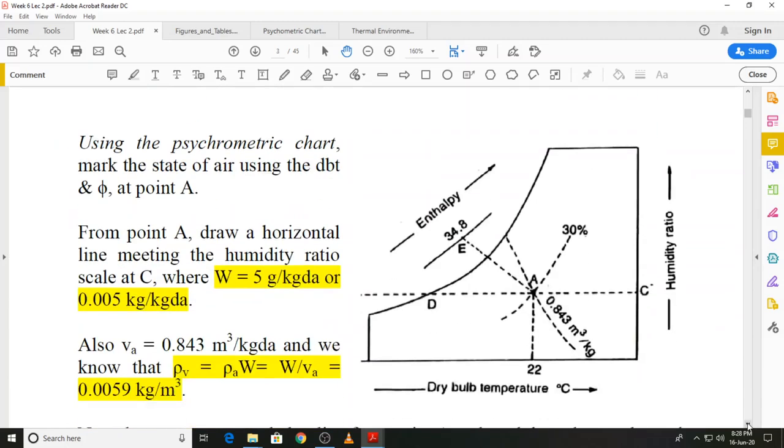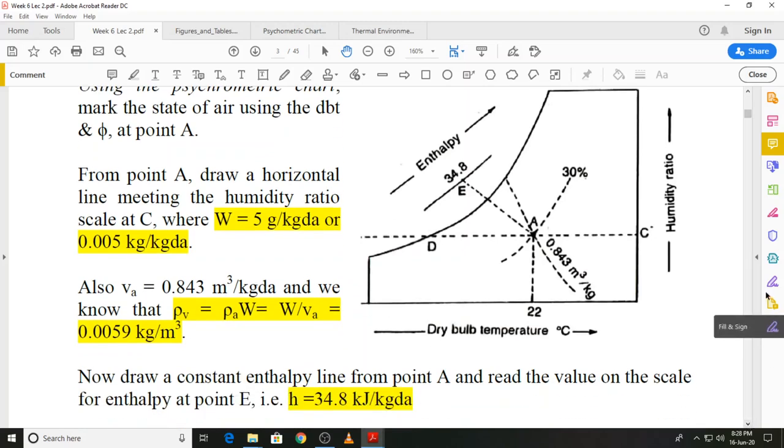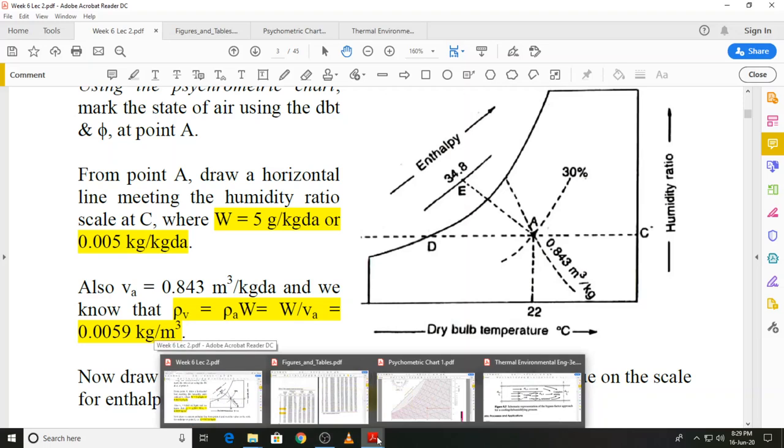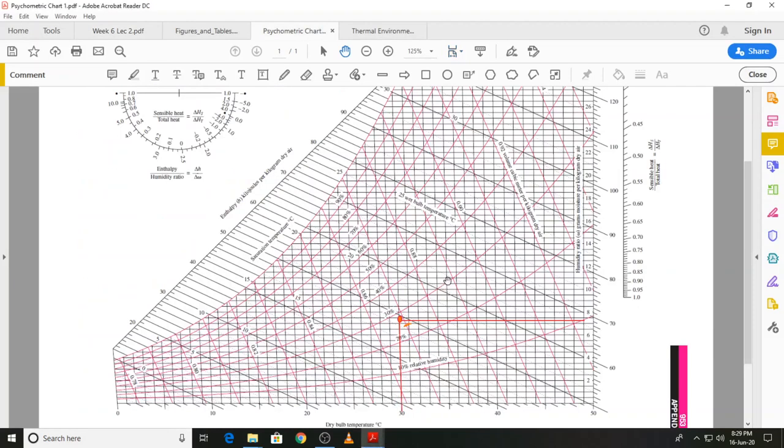And as before, we will use the psychrometric chart to obtain these results. The first step is to locate the state point by using the dry bulb temperature and relative humidity, which was 30%, and the dry bulb temperature is 22 degrees C. So 22 degrees C, this is 20, 21, 22.